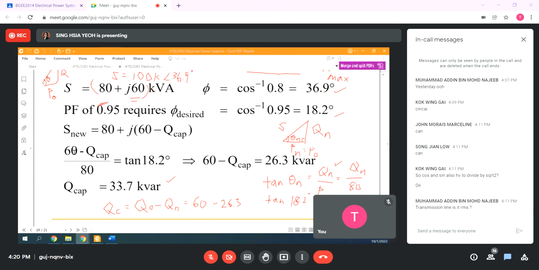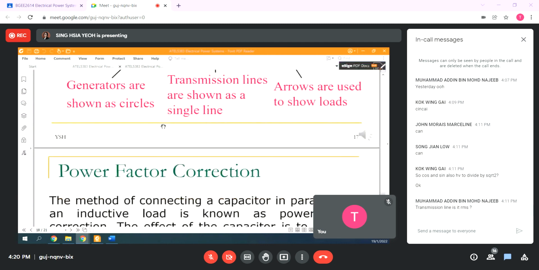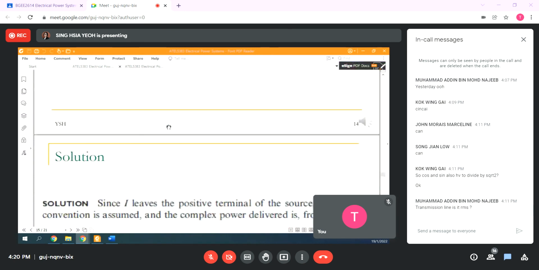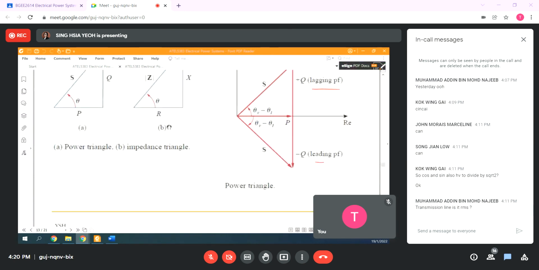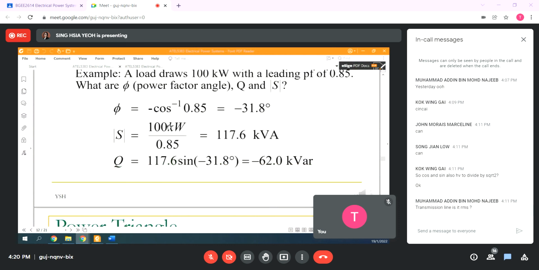Any questions? Power factor correction is something important in this chapter. Week 1 already gave tips: the main thing will be power factor correction. Power angle and power triangle are definitely important because you need them in power factor improvement, right?